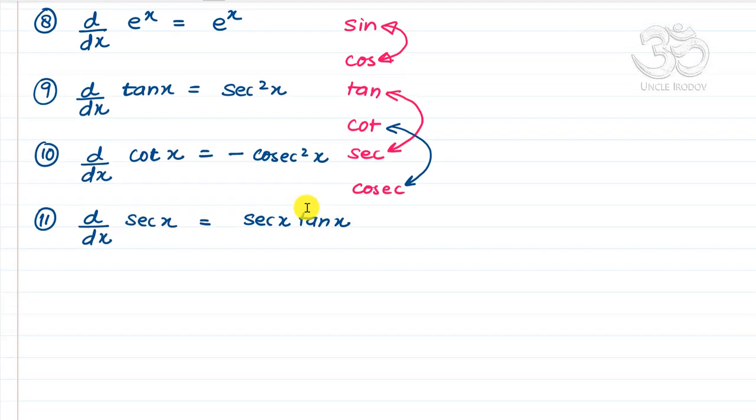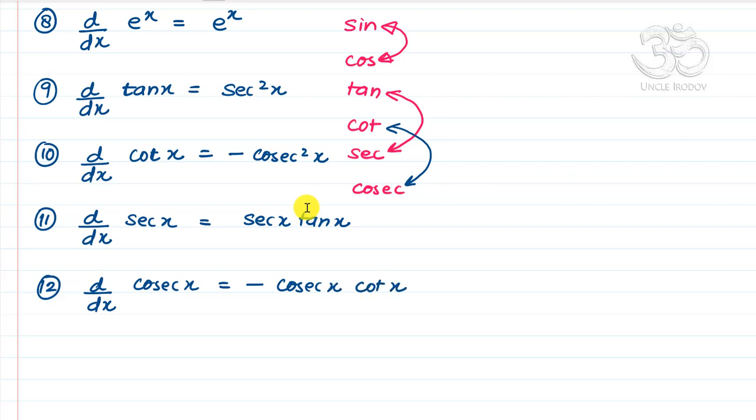Then you will have d by dx of cosecant x, and with a minus sign, cosecant x cot x.